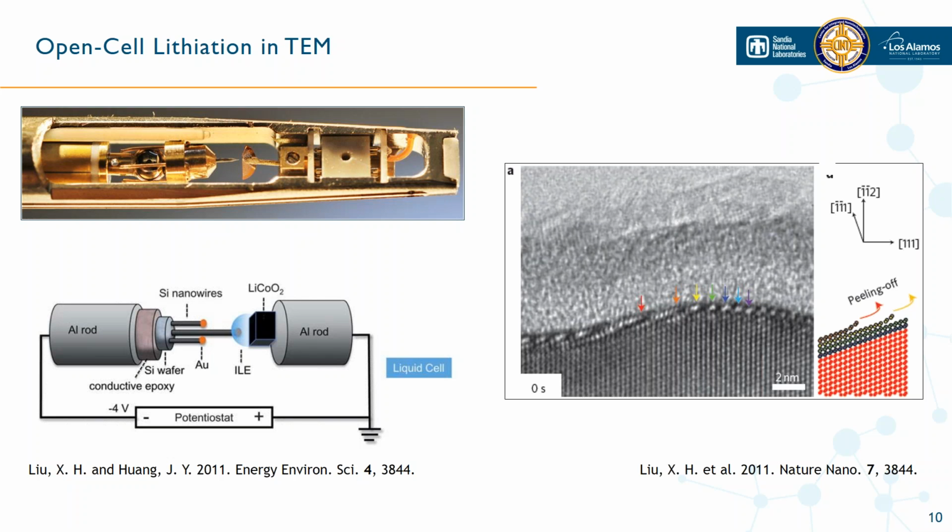For all these experiments, we got some lithium metal on the end of that probe. The opposite side, where you're seeing a TEM half grid, is where you mount your sample onto a metal wire. Then you can apply a bias between these 2 electrodes, and you can also use the probe to move and position contact with the part of your sample that you're interested in. This has been done for over a decade now at CINT.